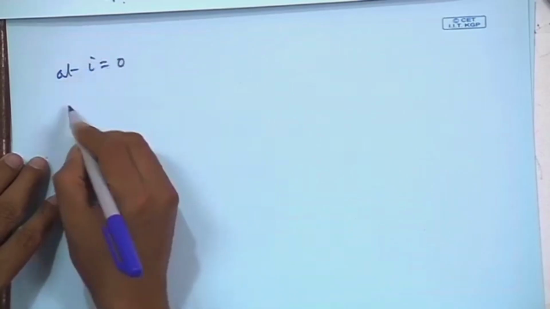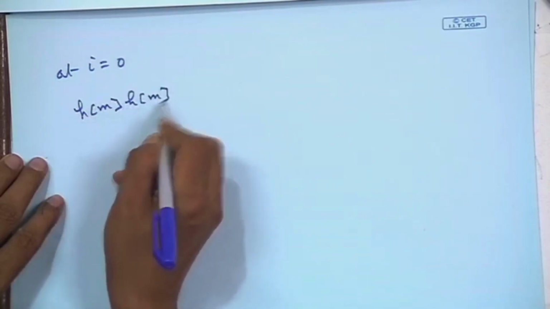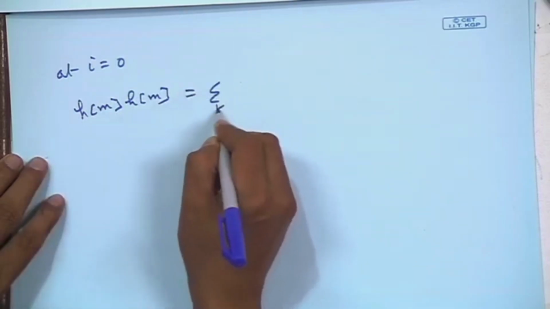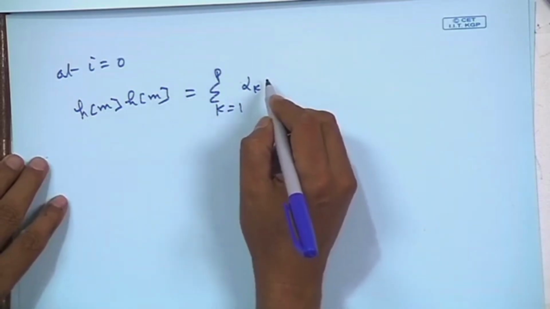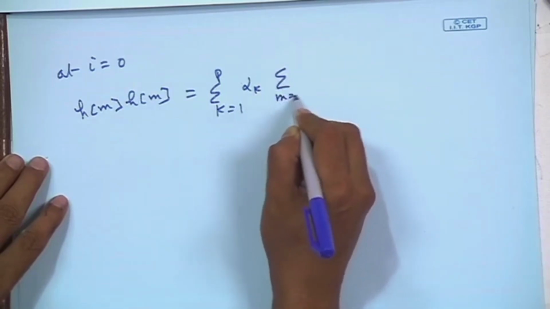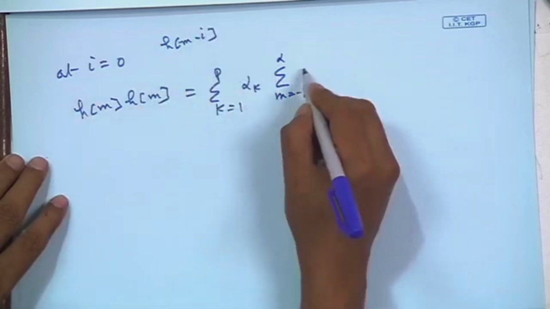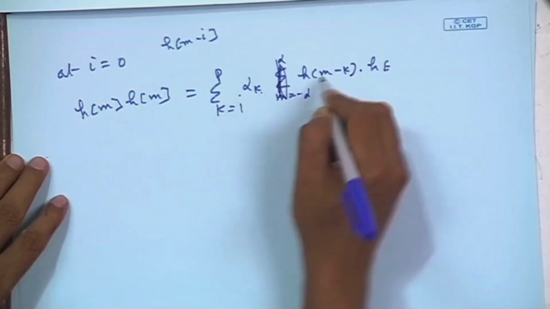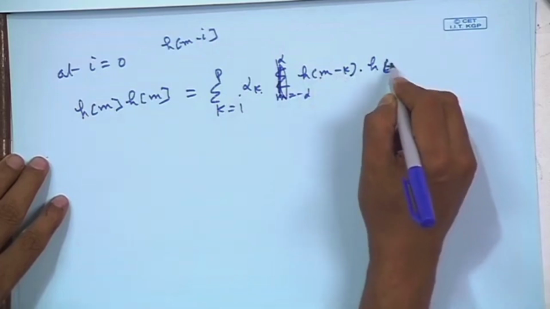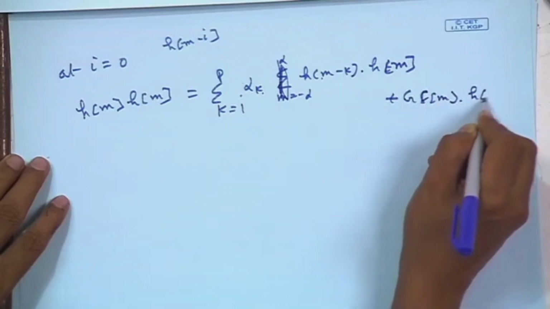At i equal to 0, h(m) into h(m minus i) is nothing but h(m) multiplied by h(m). So, the sum over k equal to 1 to p of alpha k, with the sum over m from minus infinity to infinity, h(m minus k) into h(m), plus g delta(m) into h(m).